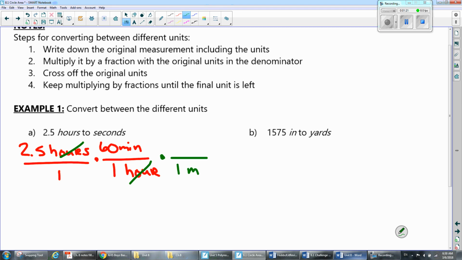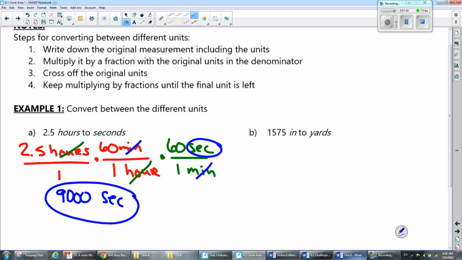In 1 minute, there are 60 seconds. Again, the labels get crossed off. In your calculators, you're typing in 2.5 times 60 times 60 to give us 9,000 seconds. This is our final label.